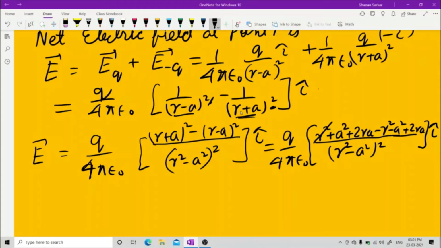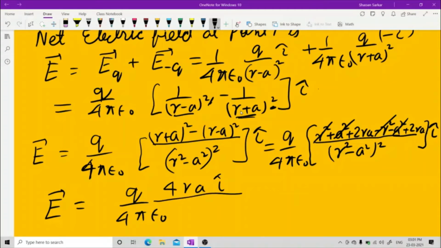So this cancels and this goes off. What you are left with is the electric field, E equal to q by 4 pi epsilon naught, 4ra i cap upon (r square minus a square) whole square.